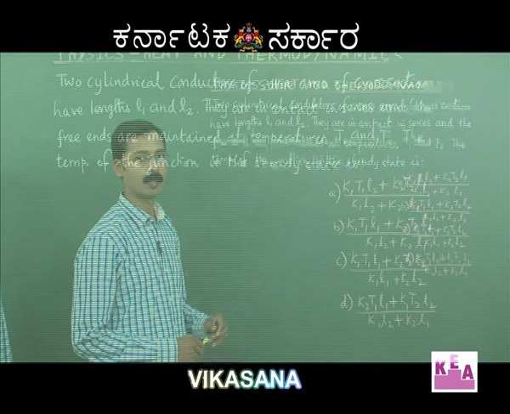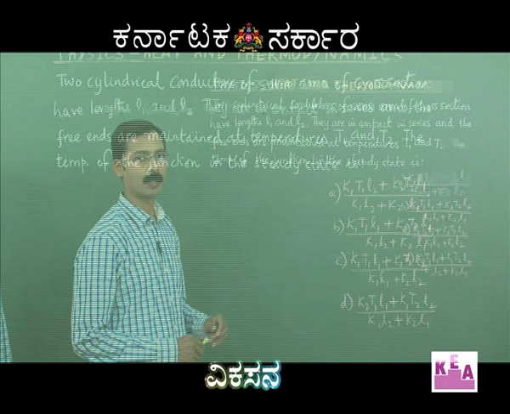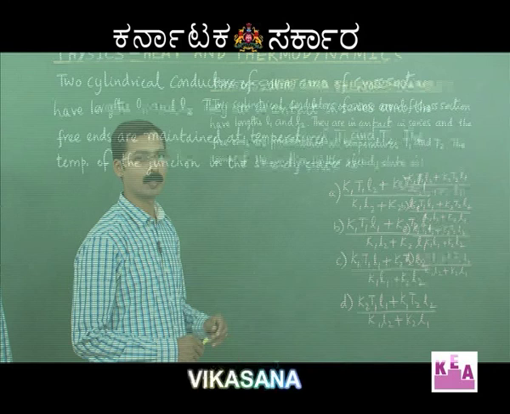Here is the problem. Two cylindrical conductors of same area of cross section have lengths L1 and L2 respectively. They are in contact in series and the free ends are maintained at temperatures T1 and T2 respectively.